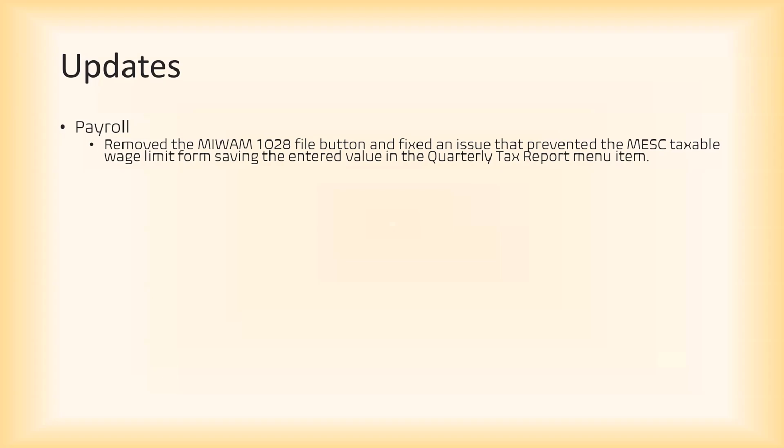It'll just be the MIUI button, as obviously the state of Michigan is no longer using the MyWham. And also when you enter in 9,000 and create the file, it will now save it so you don't have to keep typing that in every time. So that has been fixed.